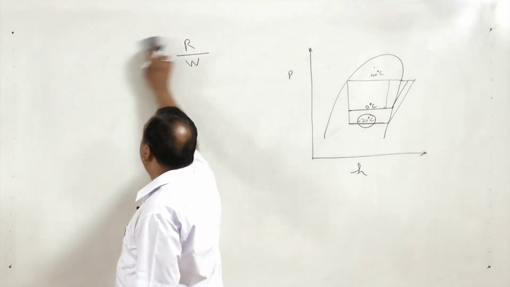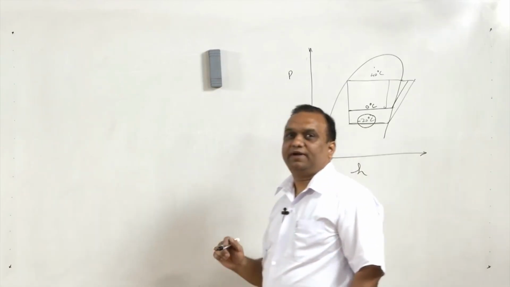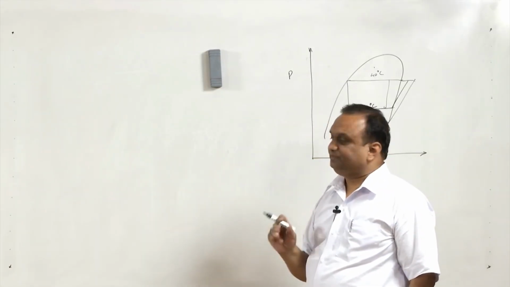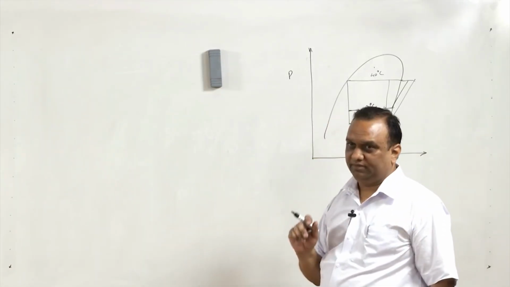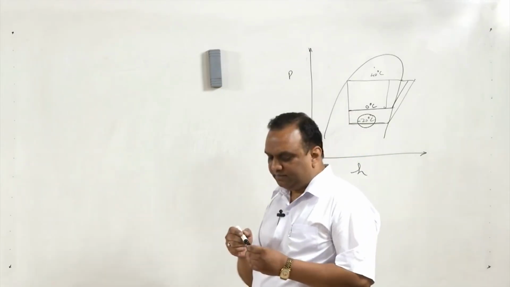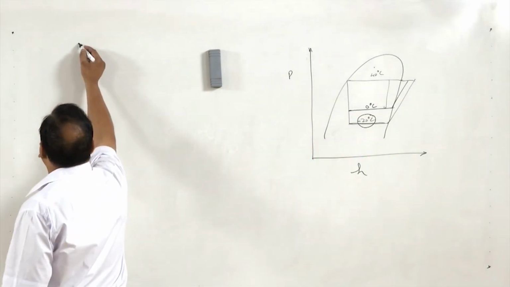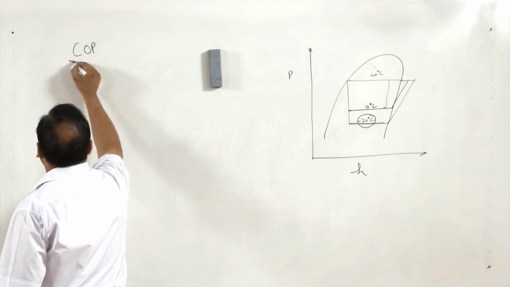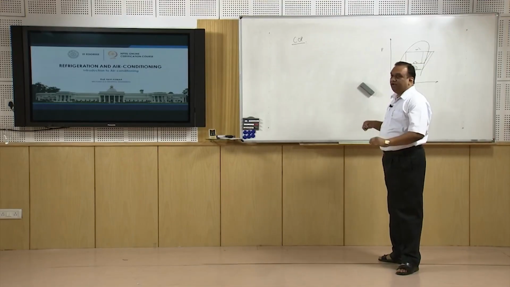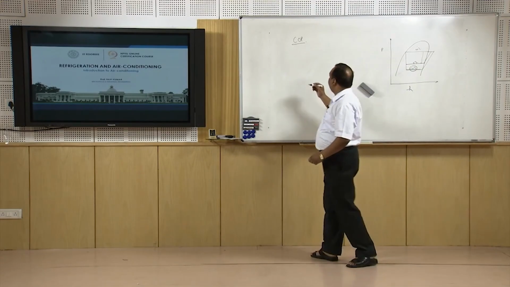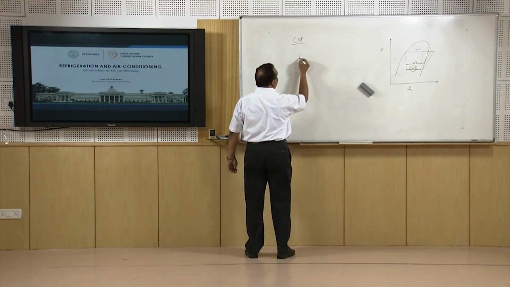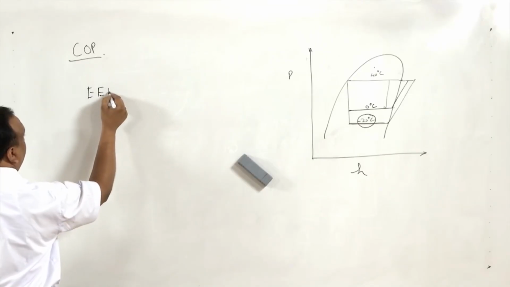Now, efficiency of an air conditioning system is not expressed in terms of COP. If you go to the market and purchase an AC for yourself, you will never find this COP on the data sheet. In air conditioning system, the efficiency is expressed by energy efficiency ratio.